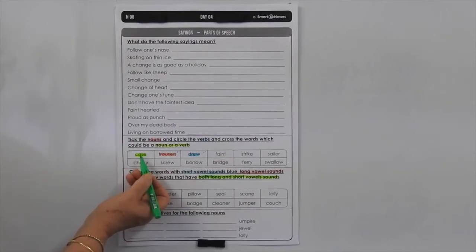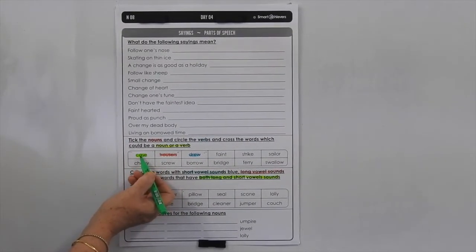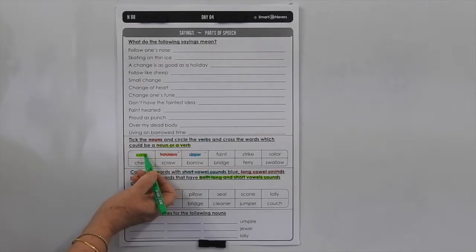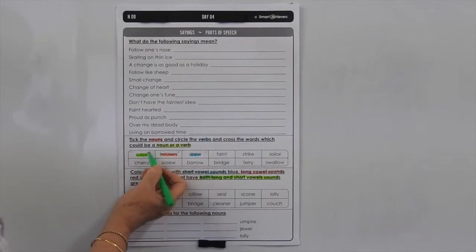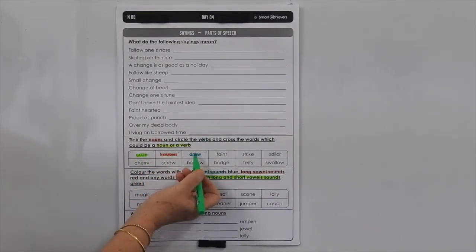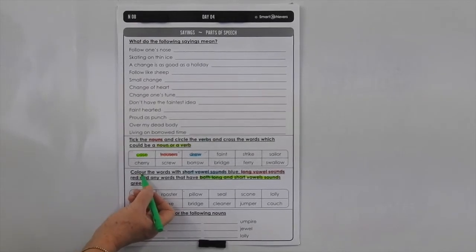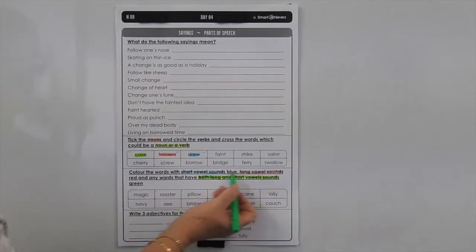So you might say he is casing the bank before he robs it, or he cased the bank before he robbed it, or he cases lots of banks before he robs them, something like that. So you've got some words which will be a noun and a verb, some just a noun and some just a verb.